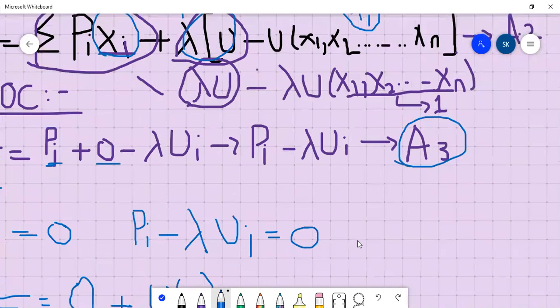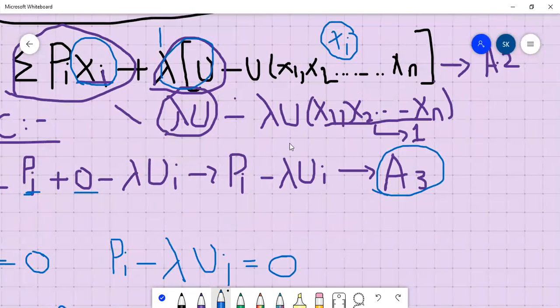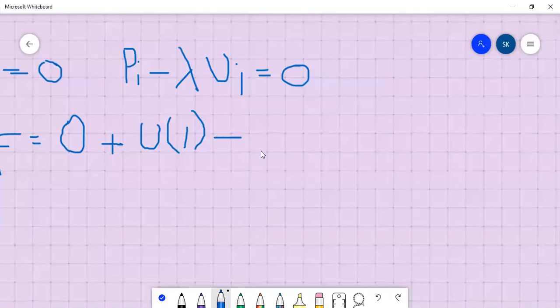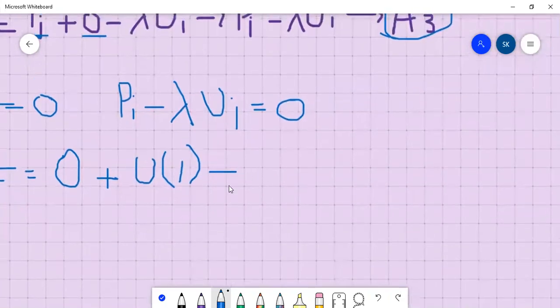And lambda is multiplied with u(x1, x2 till xn). Therefore, this lambda will again become equal to 1, and we will be left with u multiplied by x1, x2 till xn. So now we will write it as u into x1, x2 till xn.